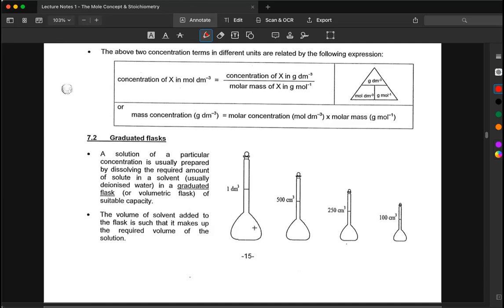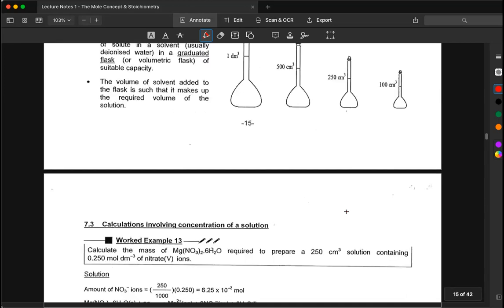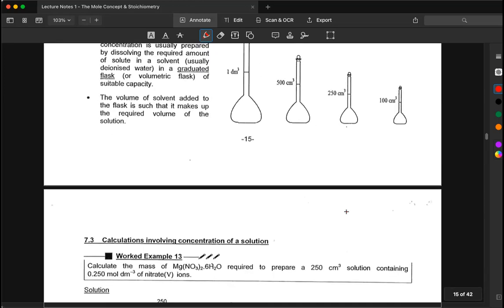There are different sizes available in the lab. The common one is this 250 cm³. There will be a calibrated marking here for you to see the volume of the solution in the volumetric flask. Now, let's try this question.